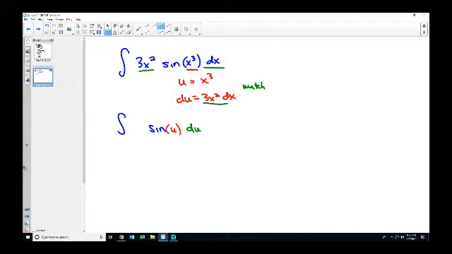Nothing else. That's a little easier. So once you get to this point, you know what to do. It's getting here that you're learning. So what's the antiderivative of sine? Negative cosine. Thank you, Brandon.